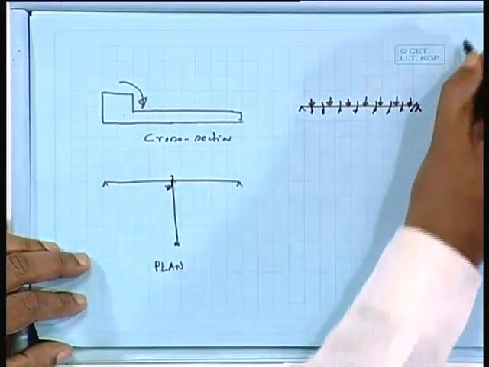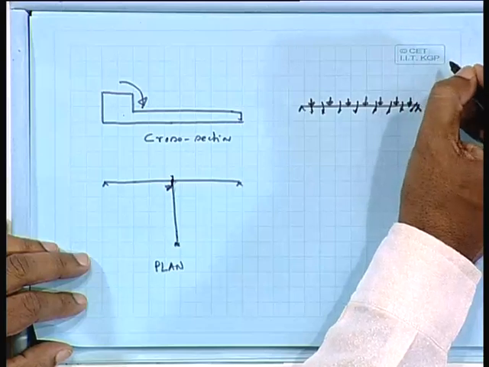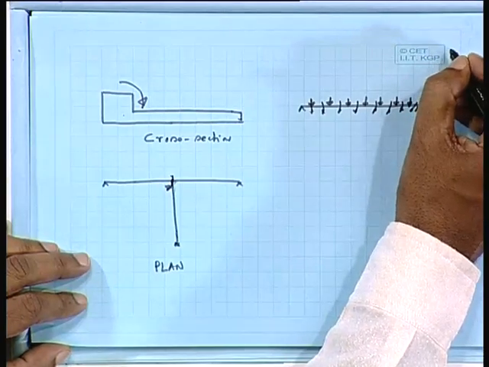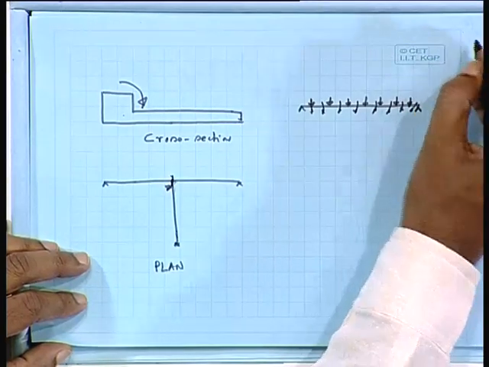So, you can find that there are so many other cases where torsion will be developed. So, how shall you design that?